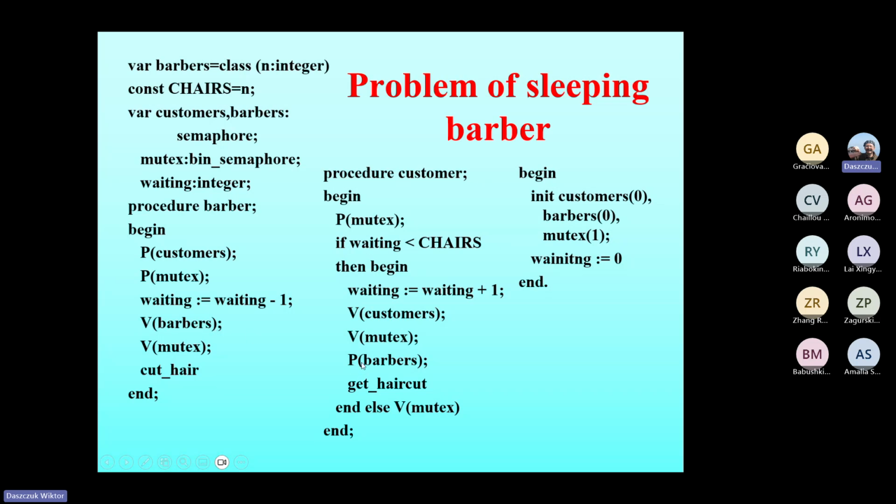The client waits on P of barber, so we execute V of barber to take the pair of barber and client and start a haircut. And finally, V of mutex closes the critical section of the waiting variable.